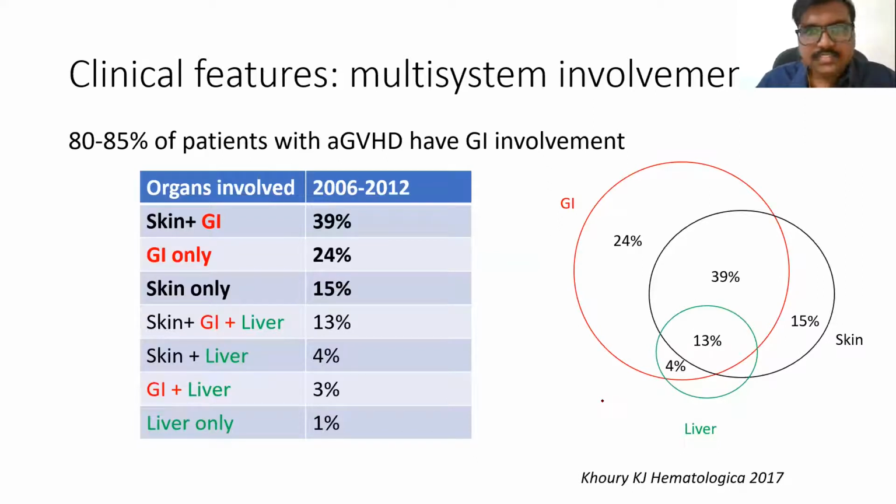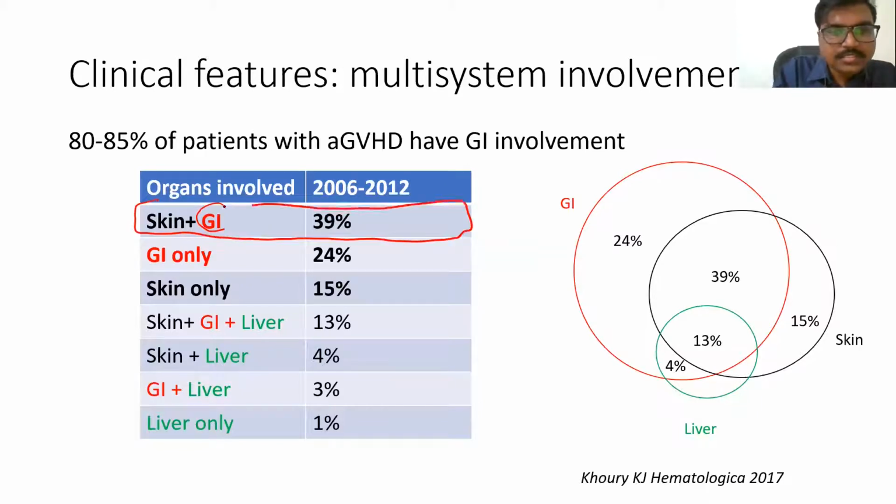So, GVHD is a clinical diagnosis predominantly. So, how do we know that the diarrhea occurring after stem cell transplant is because of GVHD? The important thing is to look at the organ system involvement. So, in this study, they found that skin and GI manifestations occurring simultaneously is the most common presentation, followed by GI involvement only, and followed by skin involvement only.